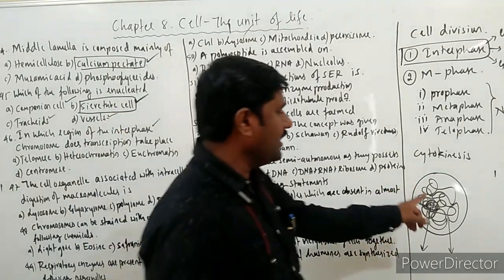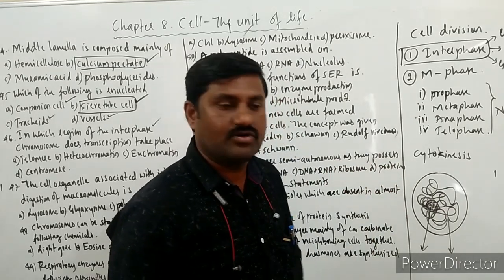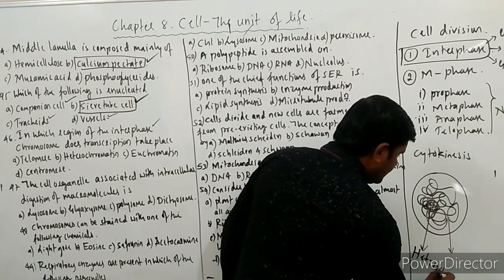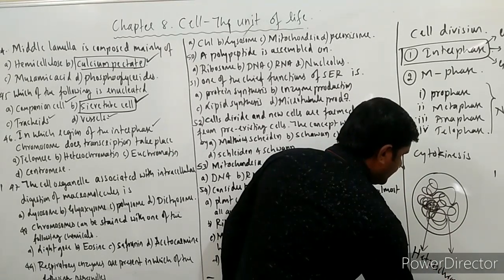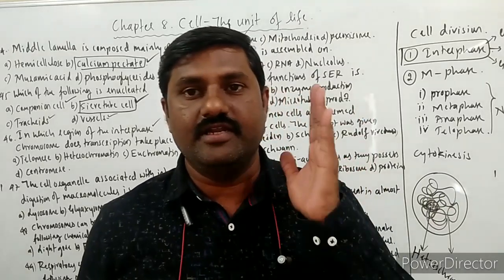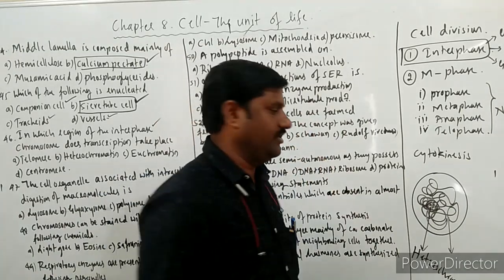So the highly coiled and darkly stained area itself is said to be heterochromatin. What is it called? Heterochromatin, right? So there is no chance of transcription. It is transcriptionally inactive in nature, I have already told you.